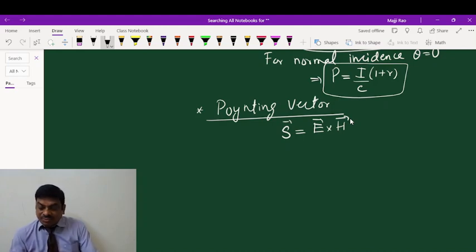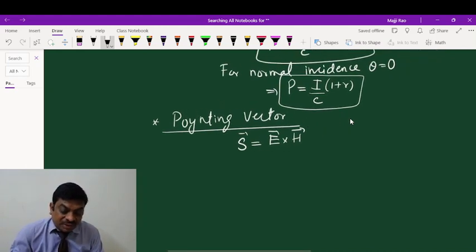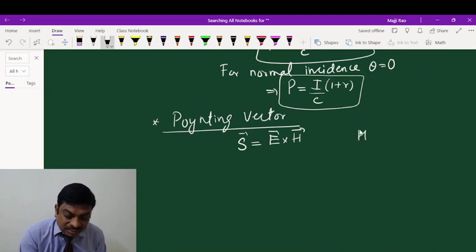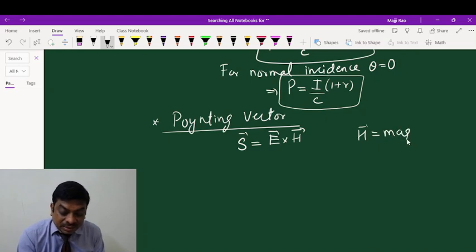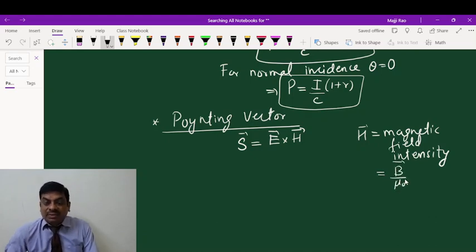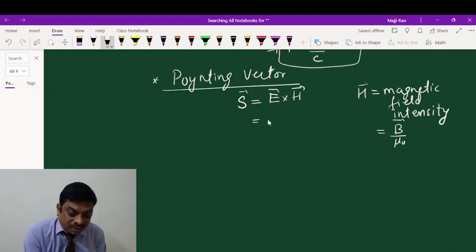As we know, students, an electromagnetic wave has electric field and magnetic field. Here, H is known as the magnetic field intensity, or you can simply call it the H vector of the magnetic field, which is defined as B by mu naught. So replacing H with B by mu naught, you can see this is the Poynting vector.